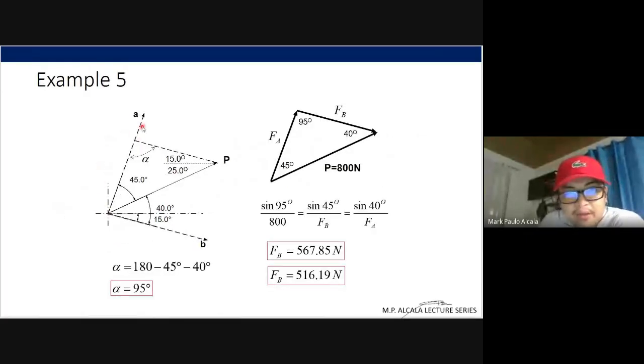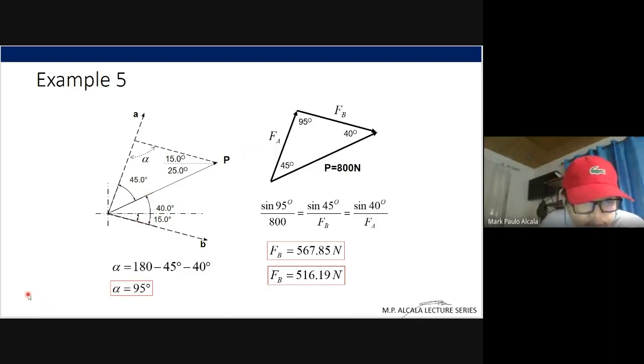So we are to identify A, translate B into that location in order for you to get the needed angles to be identified. So 45, what is this? This is your alternate interior angles also. So you know that this one is equivalent to 40 degrees.